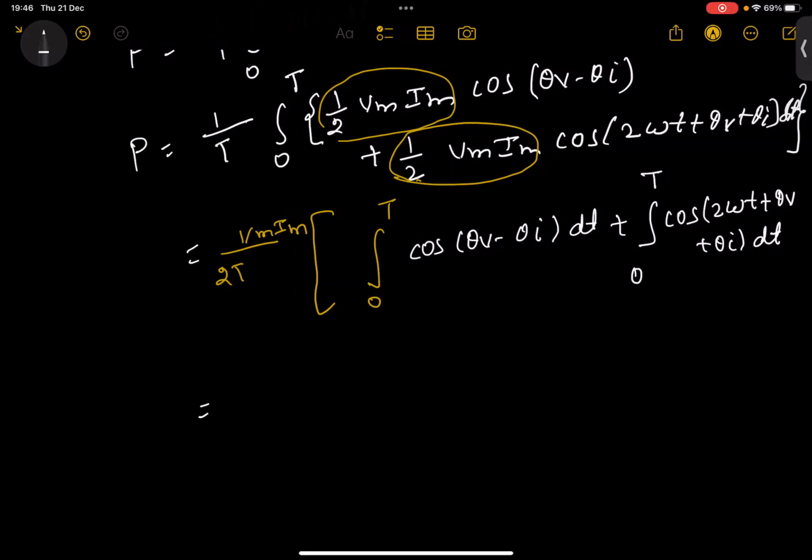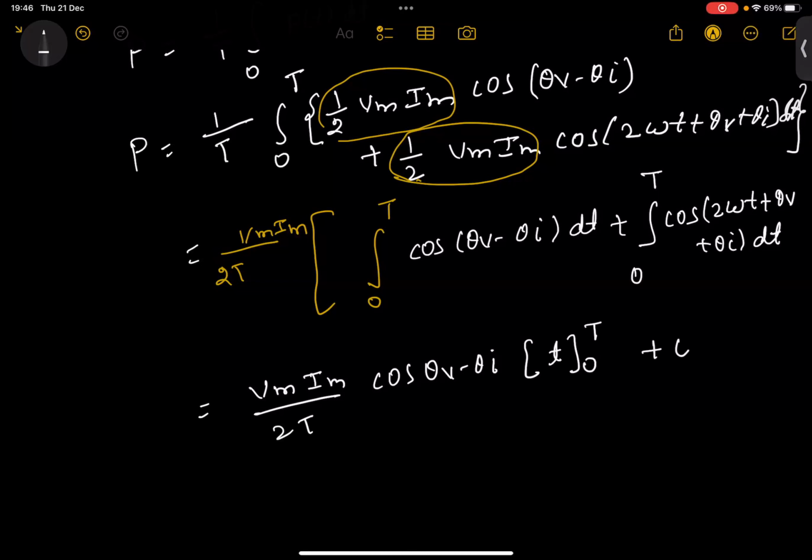When we solve, you get Vm Im by 2T cos(theta V minus theta I) times T, limit 0 to T. The second term becomes 0.